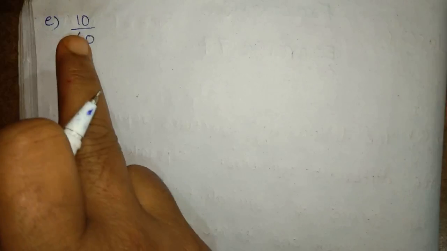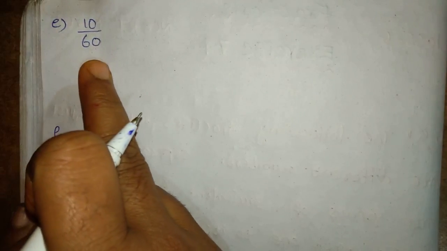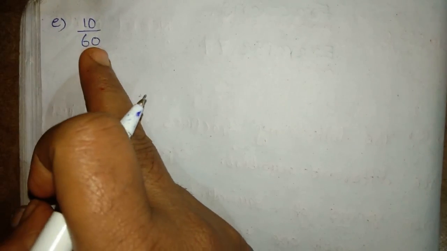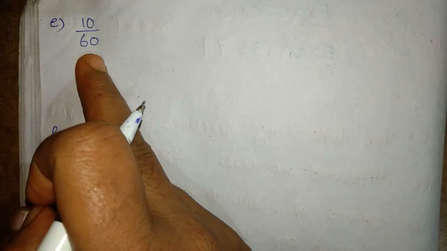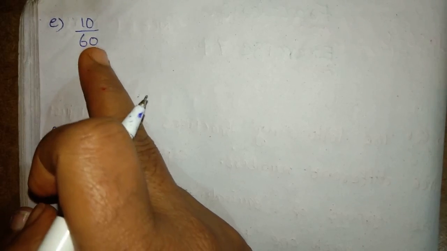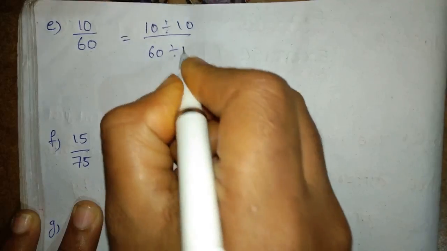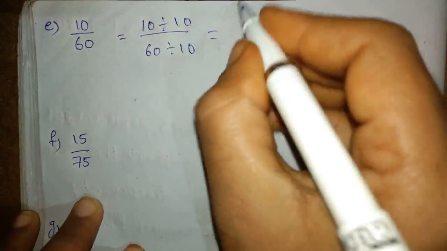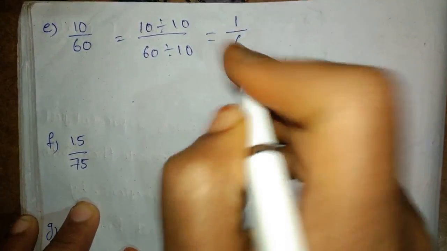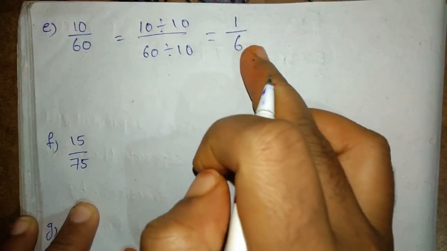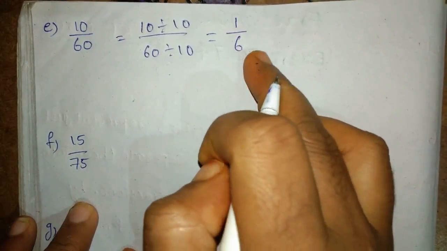Okay. Next 10 by 60. If you write the equivalent fraction of 10 by 60, both numerator and denominator are divided by 10. 10 by 10 is equal to 1, 60 by 10 is equal to 6. 10 by 60 is the equivalent fraction of 1 by 6.